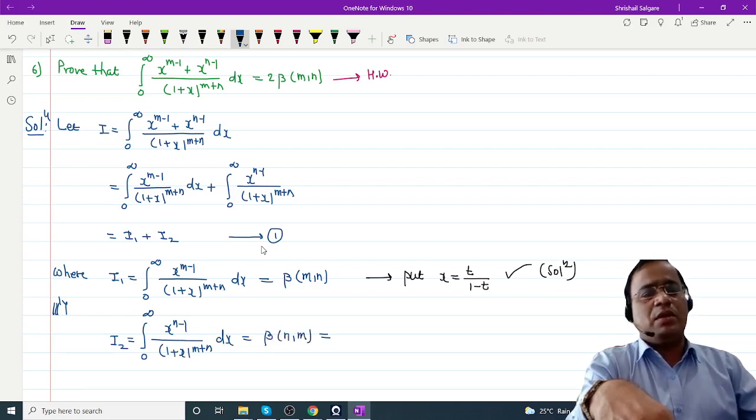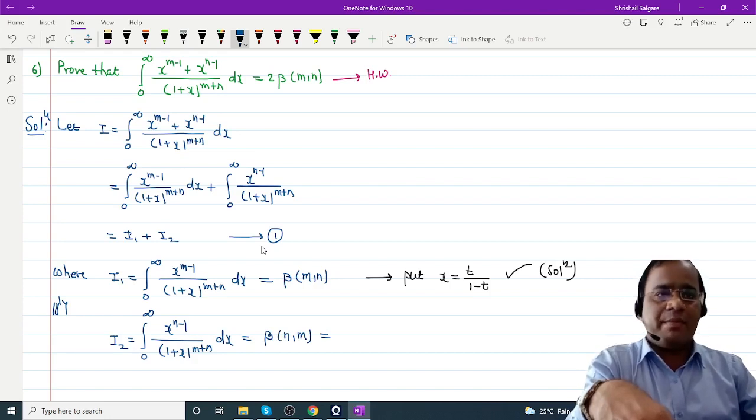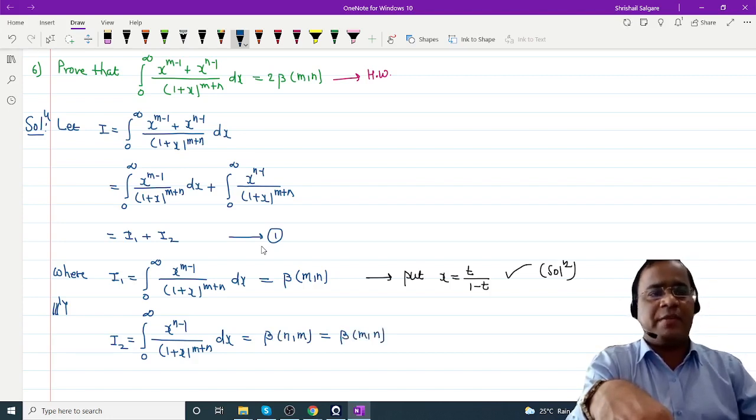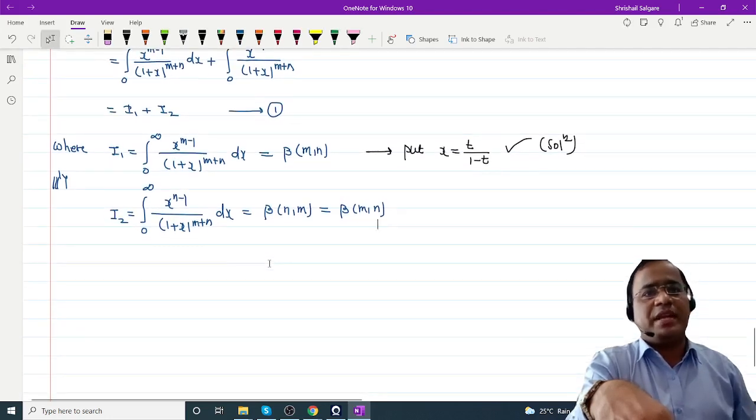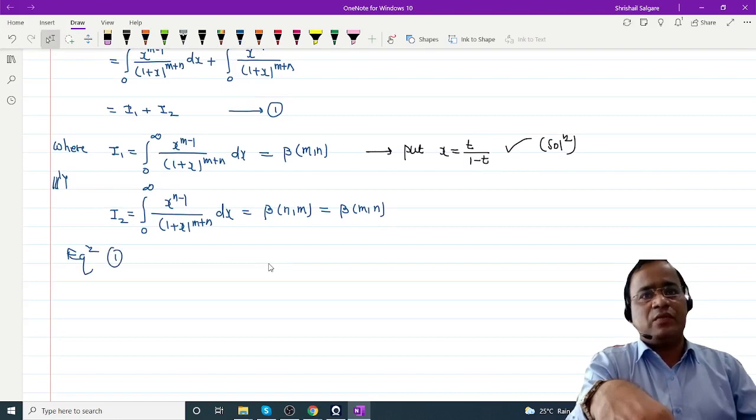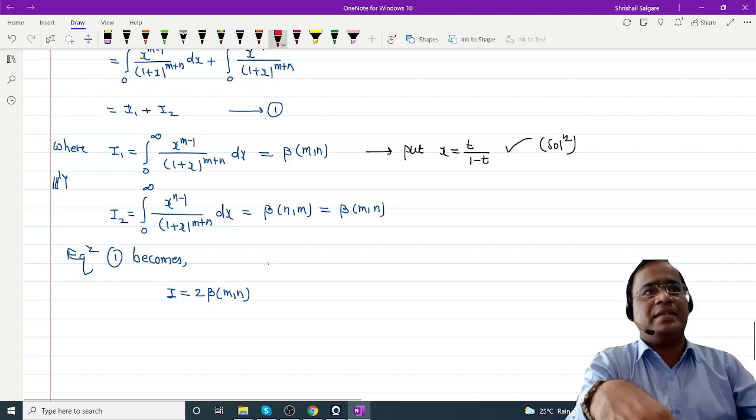But we know the property that beta of m, n and beta of n, m are both equal. So it can be written as beta of m, n. Therefore, equation 1 becomes, not 2, equation 1 becomes I is equal to beta of m, n plus beta of m, n. It comes as 2 times beta of m, n, and that is the required answer.